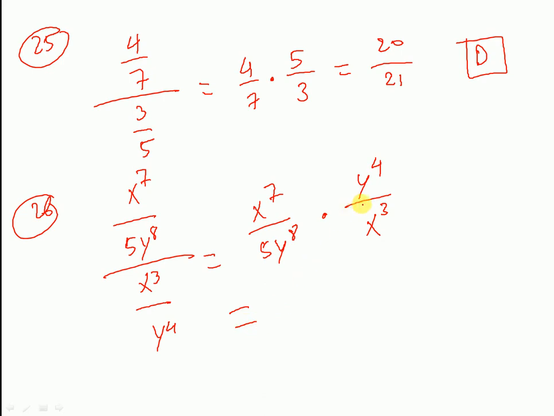Before we multiply them, you can simplify them. y to the 4 and y to the 8, so you get y to the 4 left, and 7 and 3, so this is gone. 7 minus 3, you get 4 left on the top, so we have x to the 4, and I have 5 y to the 4 at the bottom, so the answer is B.